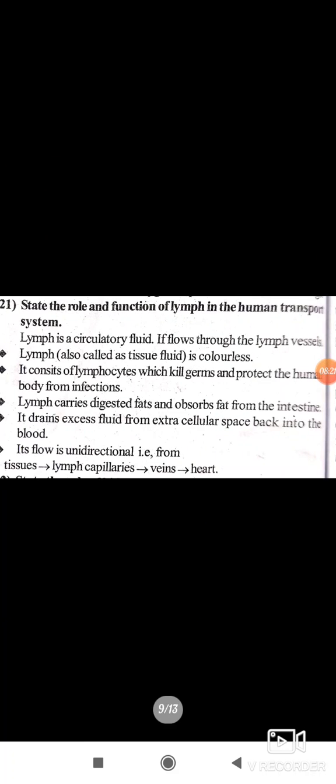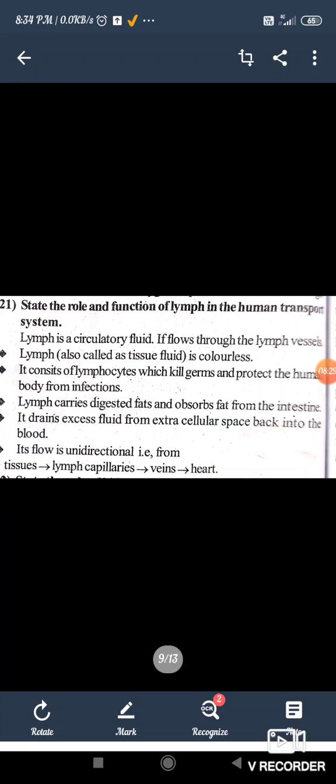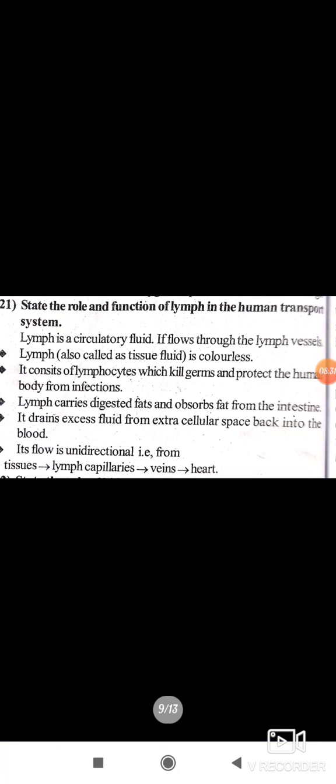And then, very important question, state the role and function of lymph in the human transport system. So lymph is a circulating fluid. It flows through the lymph vessels. Lymph is a colorless fluid. It consists of lymphocytes which kill germs and protect the human body from infections.